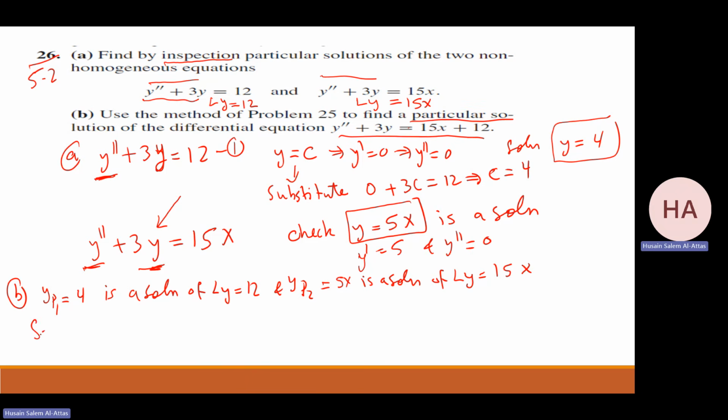Solve Ly equals 15x plus 12. Let me call the 12 f of x, and let me call this g of x. So this is Ly equals g of x plus f of x.